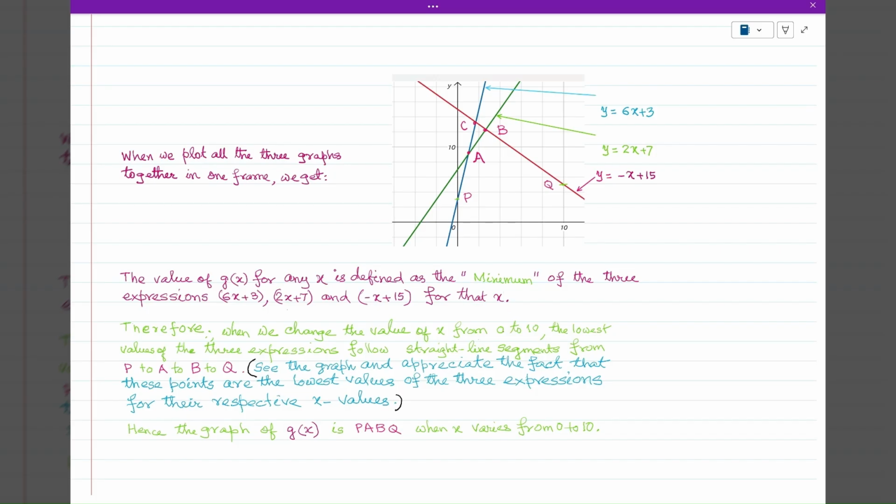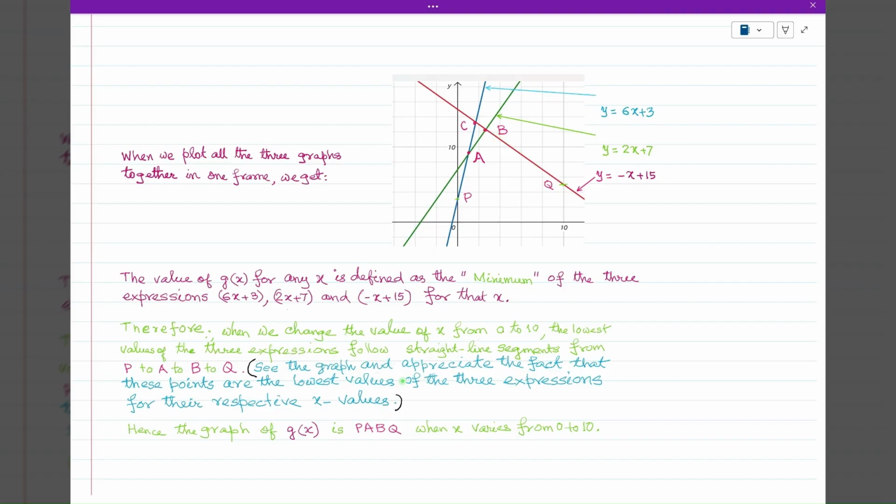Therefore, when we change the value of x from 0 to 10, the lowest values of these expressions follow straight line segments from P to A to B and B to Q.